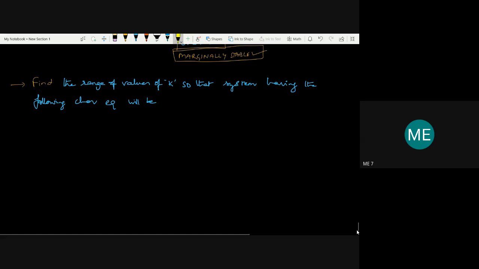See, here the condition is asking for stable. So for which range of values of k is the system stable? That is what is being asked.